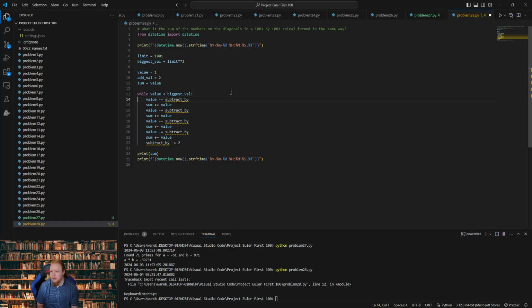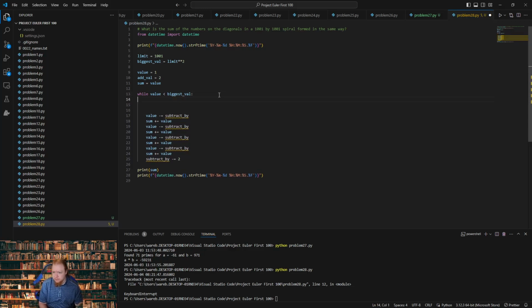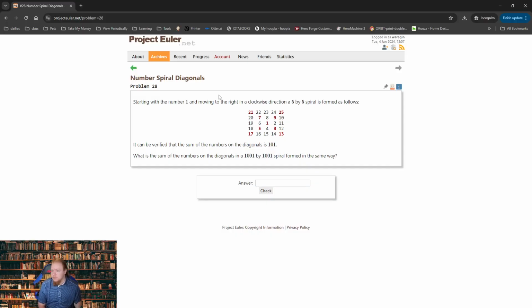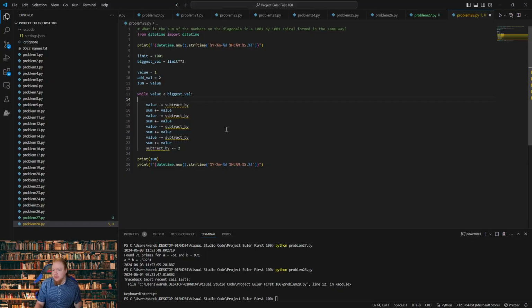And this is basically the same thing, except I'm doing it in the other direction. Let's see. Add 4 once, twice, 3. Add val times 4.